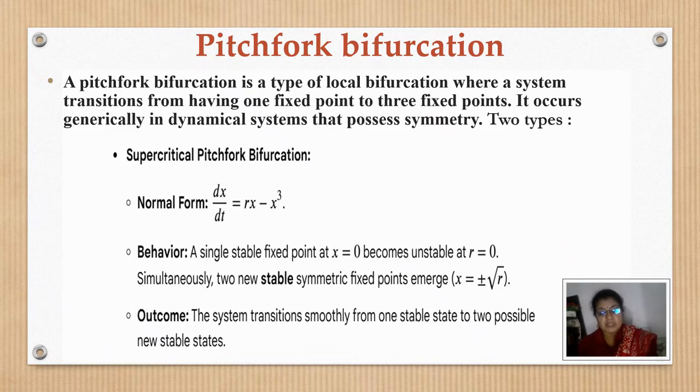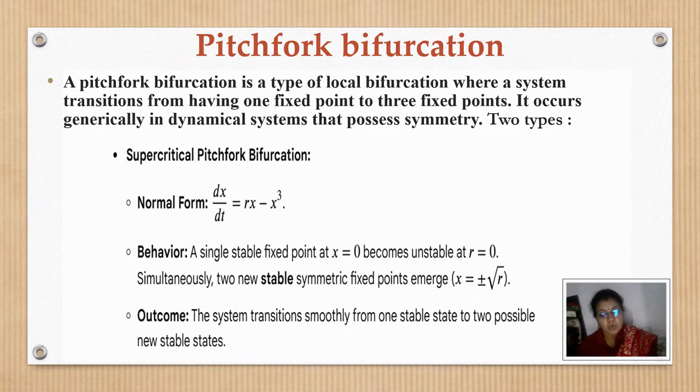Now think of the other root, plus root r. What will happen? For the r less than 0 case, we will have a negative value inside the square root, ending up with imaginary values.